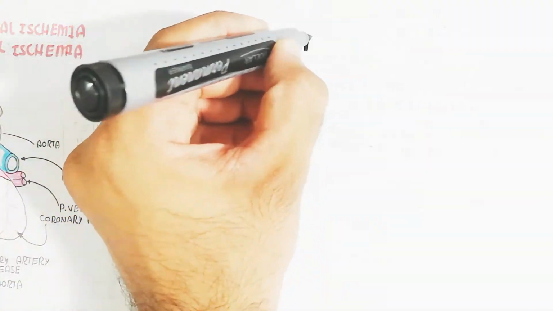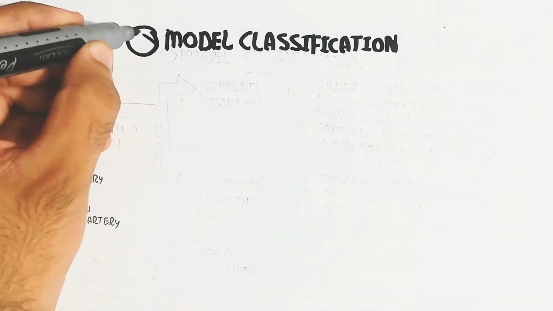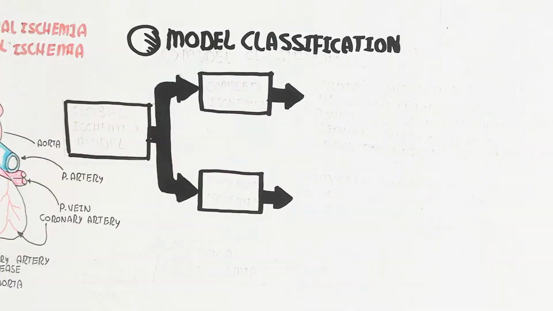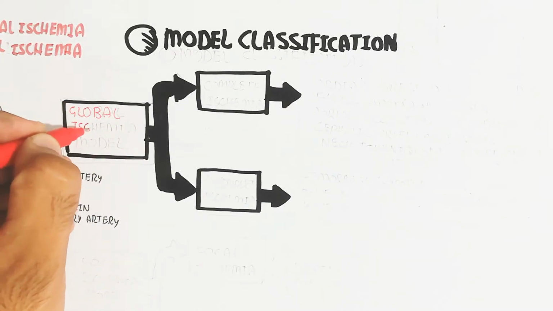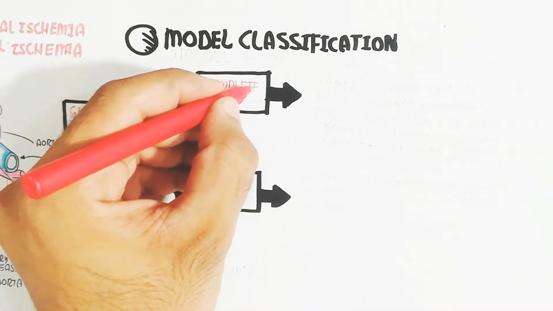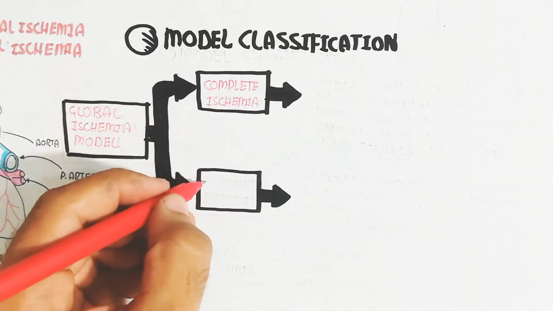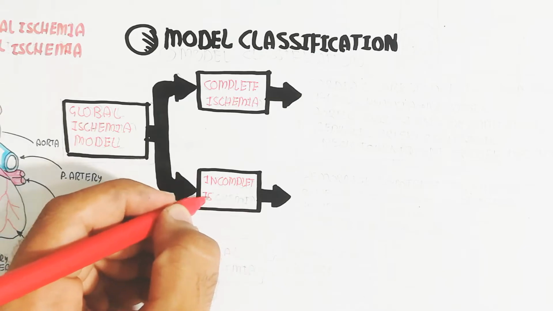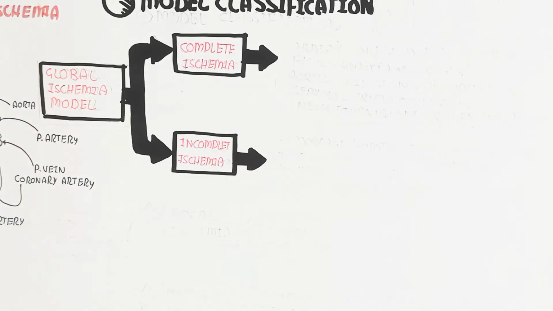So let's begin to understand the model classification. In this way, we can classify two types. First is the global ischemia model, which leads to complete ischemia and incomplete ischemia. Complete ischemia means cardiac arrest occurs due to complete blockage of the artery.